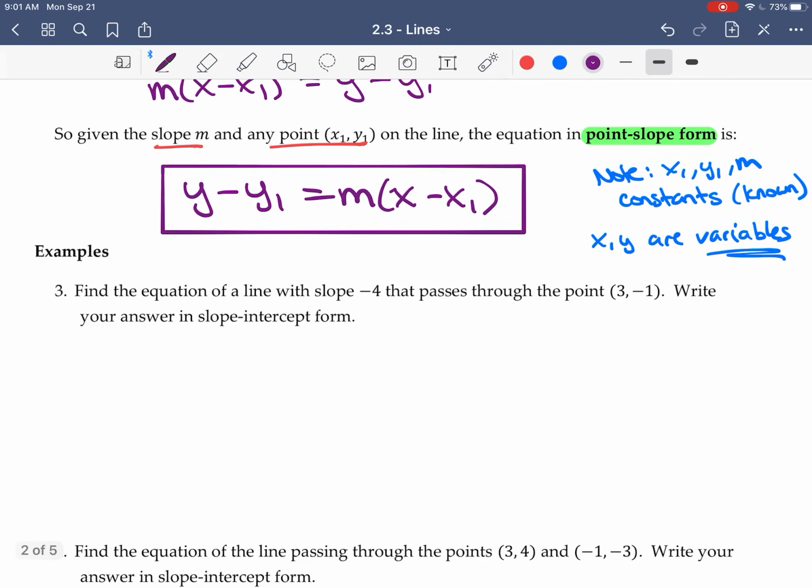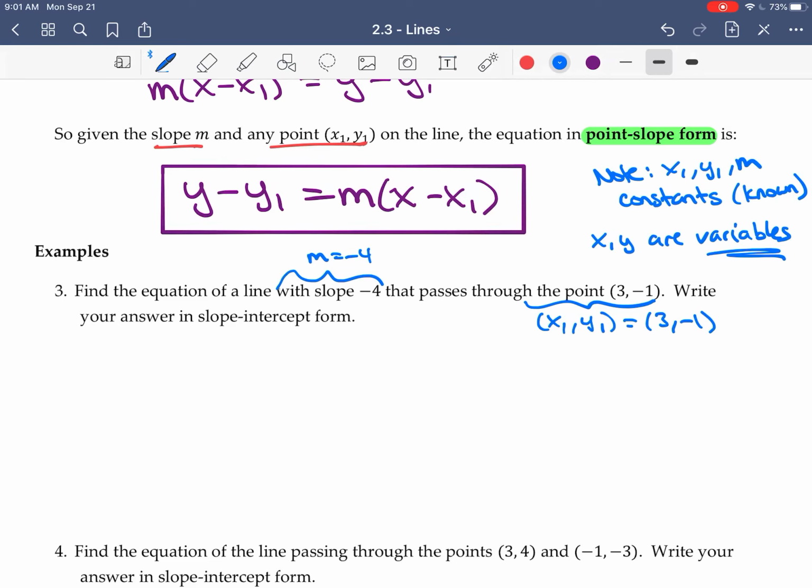Okay, so let's do an example. So if we have a line with slope of -4, that means that our m value is -4, and we know it passes through the point 3, -1, so x1, y1 is going to be 3, -1. And we want the equation of this line.